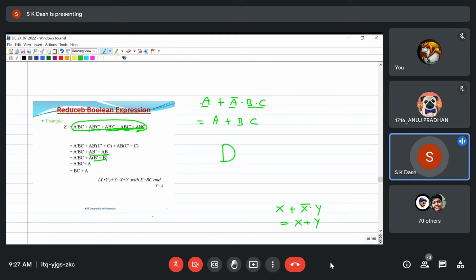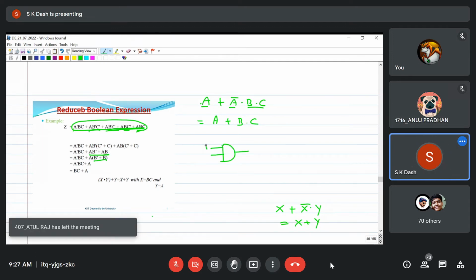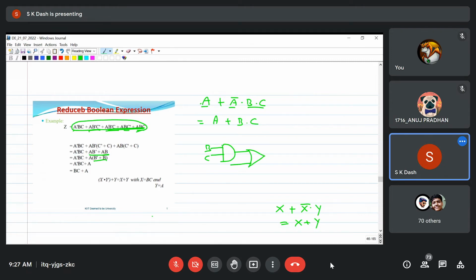I will require one 2 input AND gate for BC, then I will require an OR gate which will give me A plus B dot C. Okay, so its implementation will be easier and its cost will be less. It will be cheaper as compared to implementing the same function. So as this is the same as this, why would we implement this one? This will be easier and cheaper. So we'll go for this one.